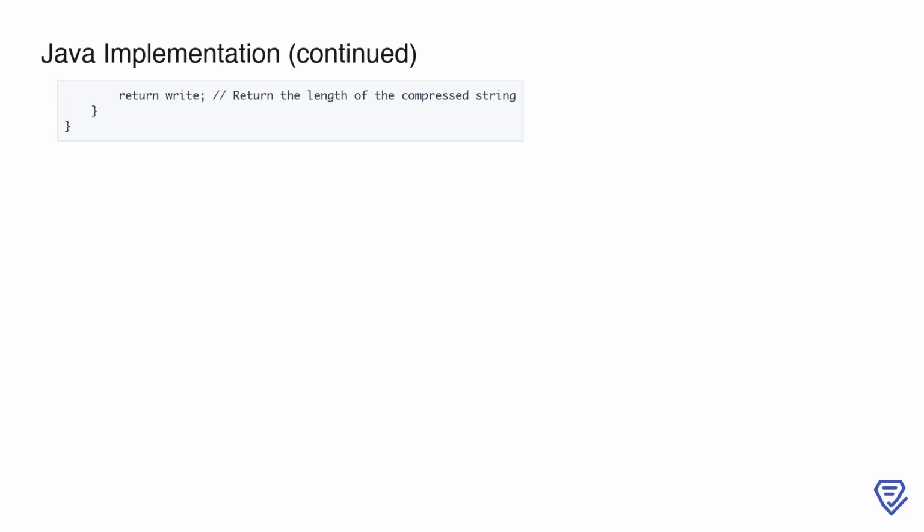This value represents the length of the compressed string. By modifying the input array in place and returning the new length, the algorithm achieves both space efficiency and simplicity. This implementation is straightforward and handles the compression process in a single pass, making it optimal with a time complexity of O(n), where n is the length of the input array.